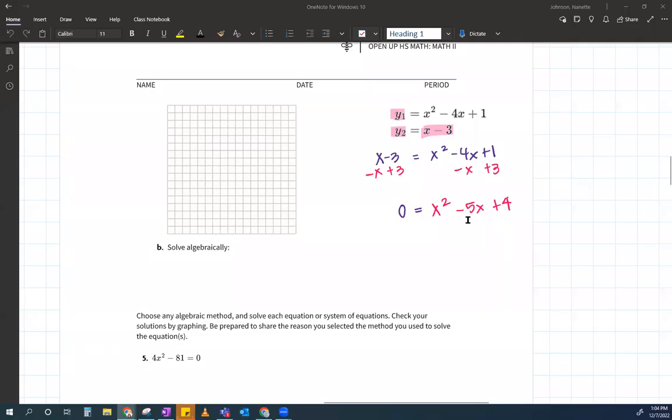Okay, so I'm going to use factoring to solve this because I instantly can look at this and know it could be factored. In my head, I'm finding what two numbers multiply to get 4, but add to get -5. So that's -4 and -1, right?